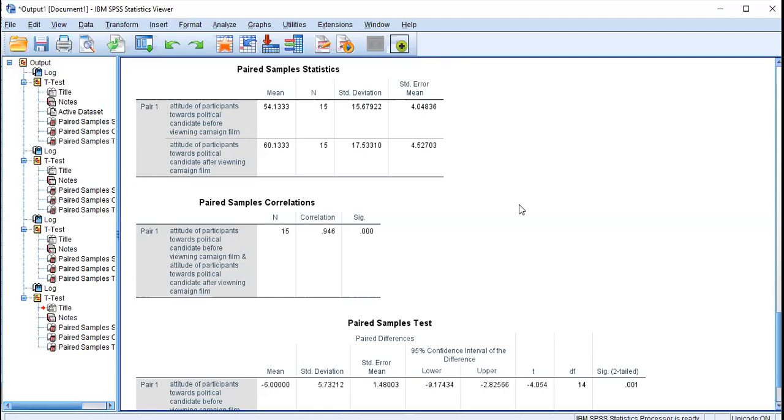If one had a lesser attitude, he remained with a less positive attitude towards the political candidate. So this shows there's a very positive relationship between the attitude prior to watching the film and after watching the film towards the political candidates.